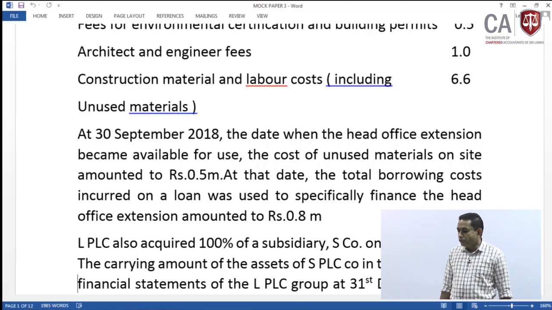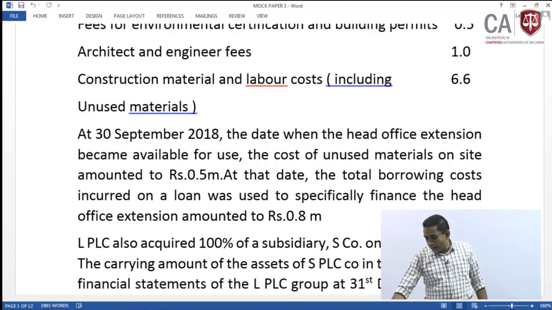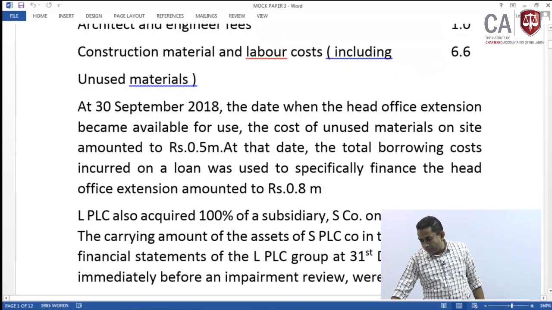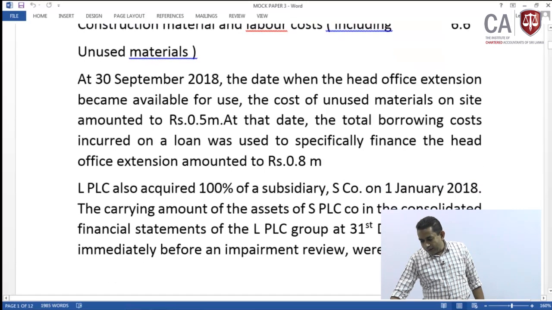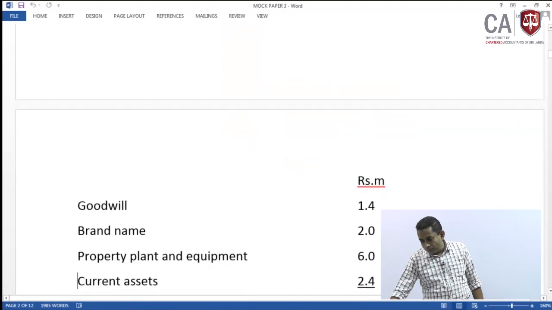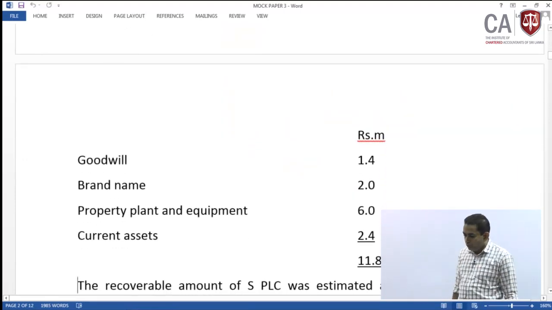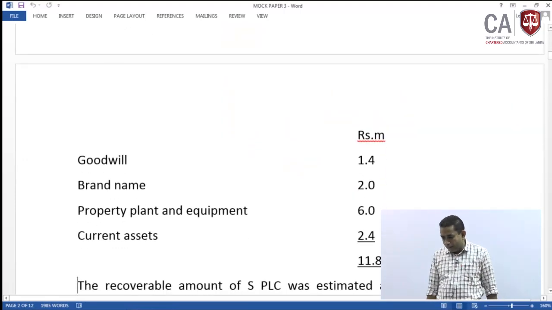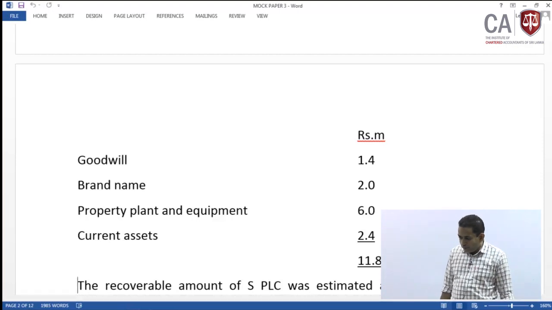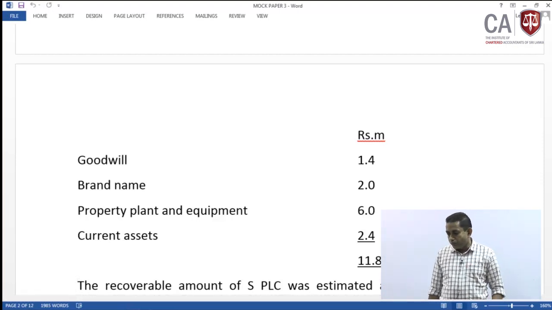The carrying amount of the assets of SPLC in the consolidated financial statements of the LPLC group at 31st December 18, immediately before an impairment review, were as follows: goodwill 1.4 million, brand name 2 million, property plant and equipment 6 million, current assets 2.4.